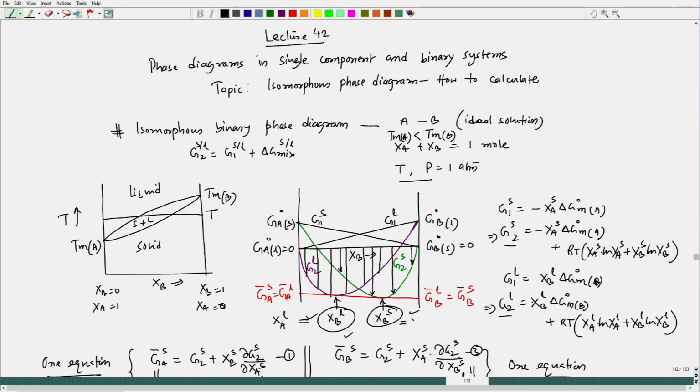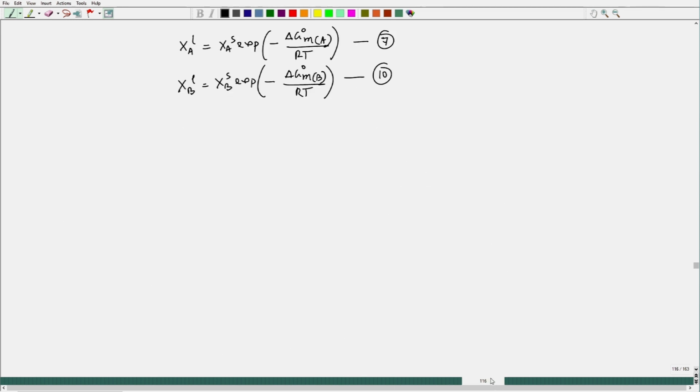This can also be expressed in terms of XAS. Okay, so we got this and this, in terms of XAS and XBS. Now we have to solve that. So now let us find out from these two equations.